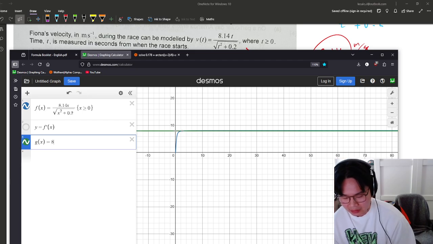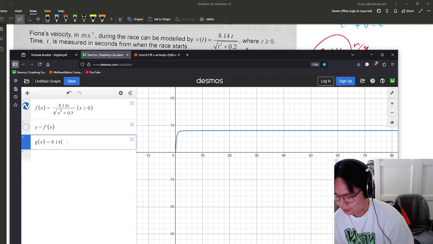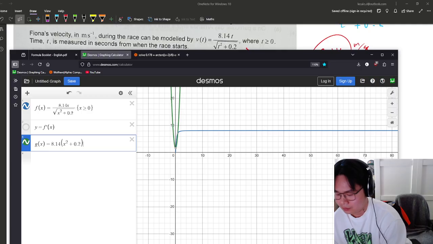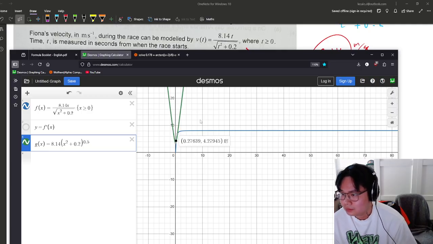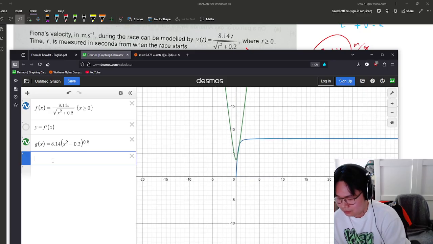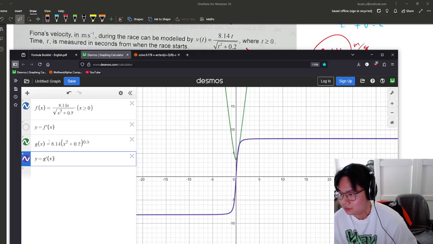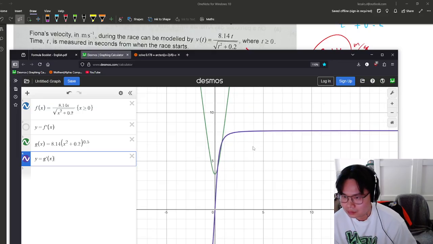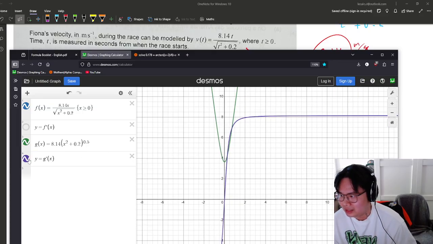Okay, let me do a gut check here. I mean, I think I did the integral right. Oh, I think I square rooted it. I was supposed to square.